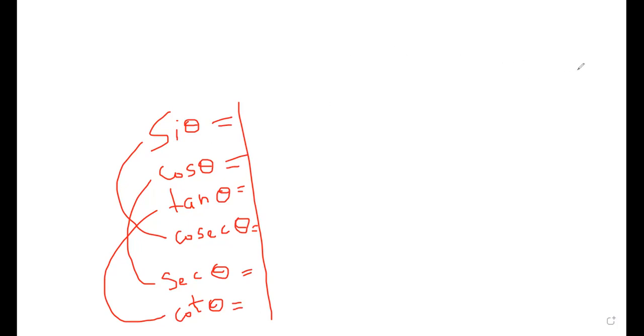Similarly, if I draw a triangle which is a right triangle, this is called the x-axis, this is called the y-axis, and this is the value of r. So this is our base, this is our perpendicular, and this is our hypotenuse.